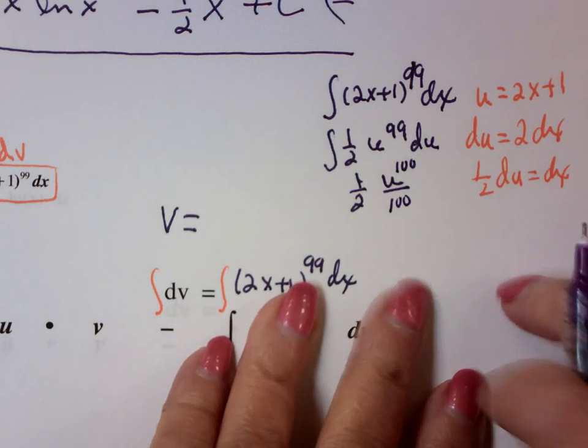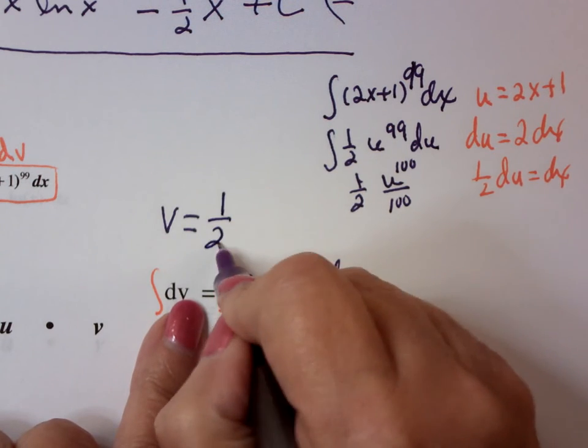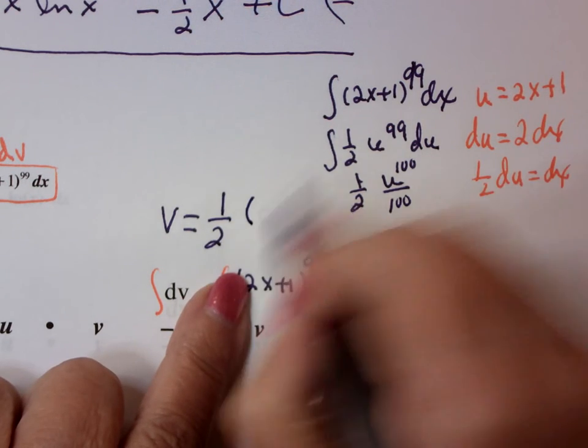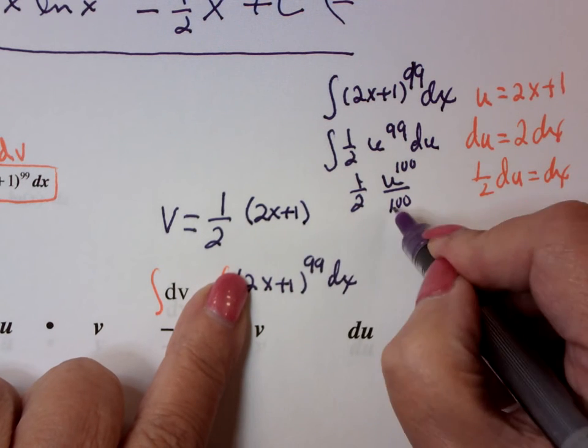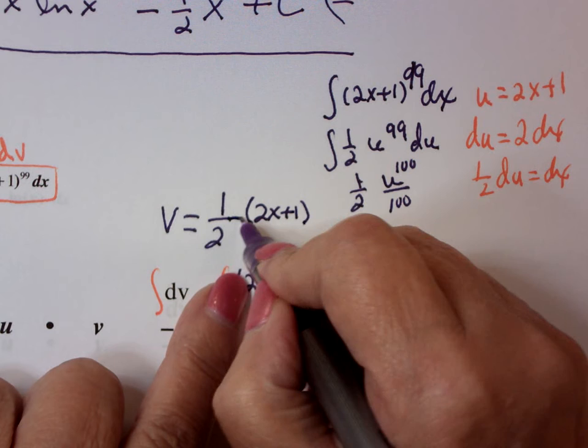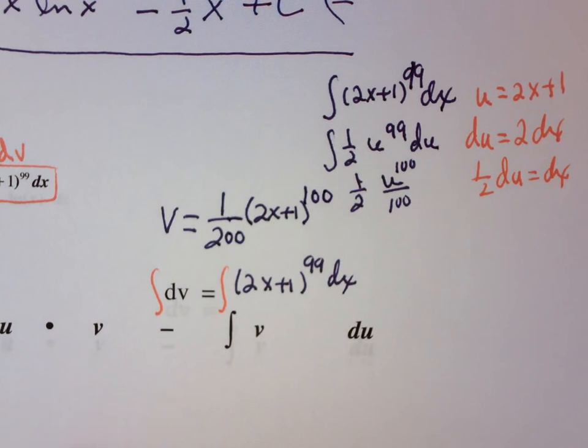You're going to put a plus c in there, but we're going to move it back anyway. So what's v? Well, it's 1/2 times u, and in this case u is 2x plus 1. In fact, 2 times 100 is 200, so might as well put that in there, to the 100. But I had to move that out of the way.